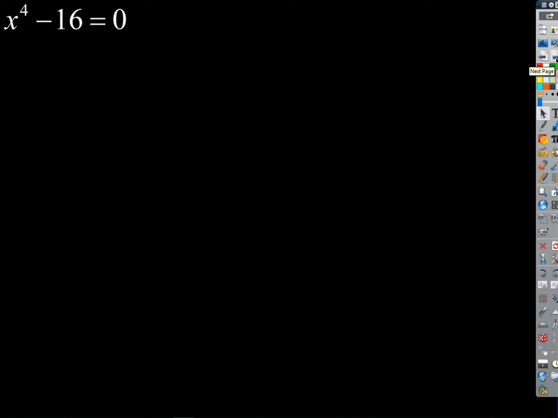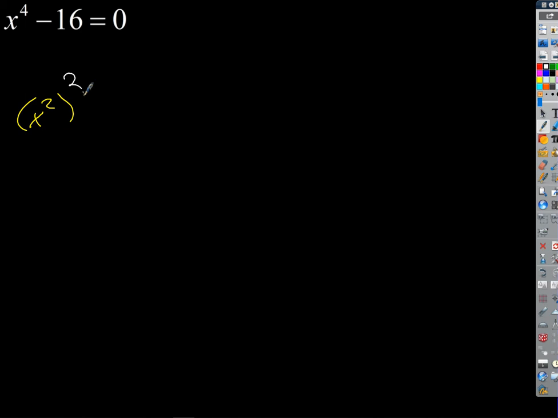So I didn't give you a pattern for this, but we don't need one. How come? Because we can think of this as a difference of squares. If you break this up, x to the fourth we could think of as x squared, squared. So instead we'll rewrite that as x squared squared minus 16.